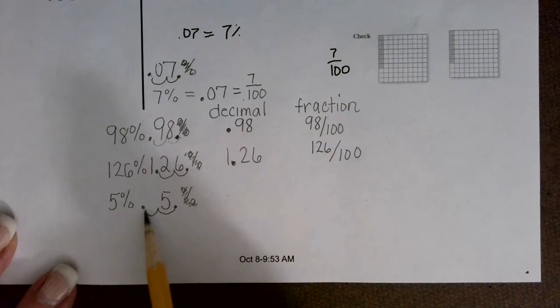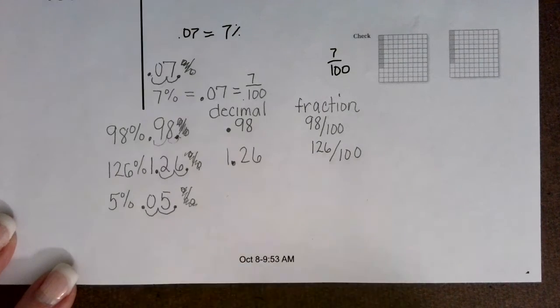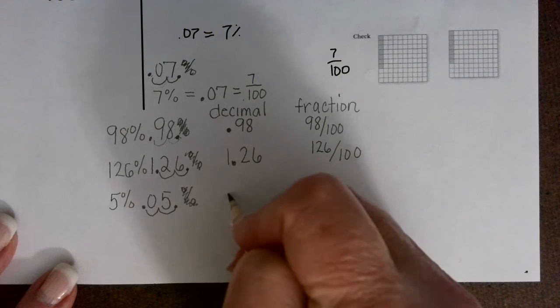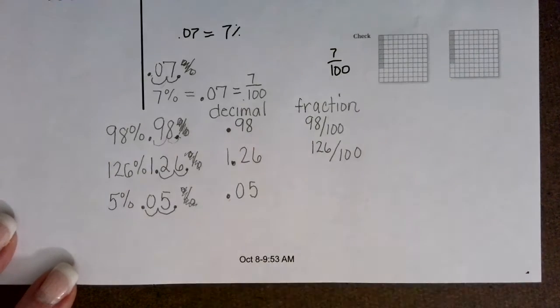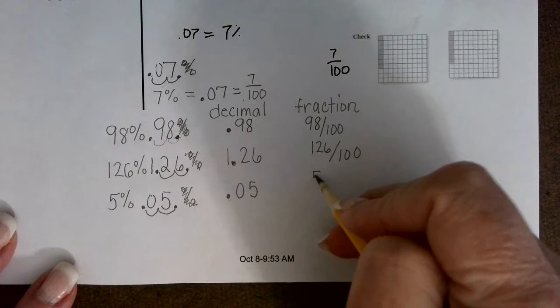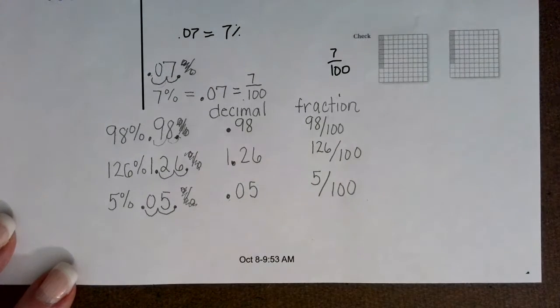Remember that if I have a spot where I moved it, I have to put my 0 in to say that I've moved it to that spot. So 5% is 5 hundredths as a decimal. And then as a fraction, it's 5 over 100.